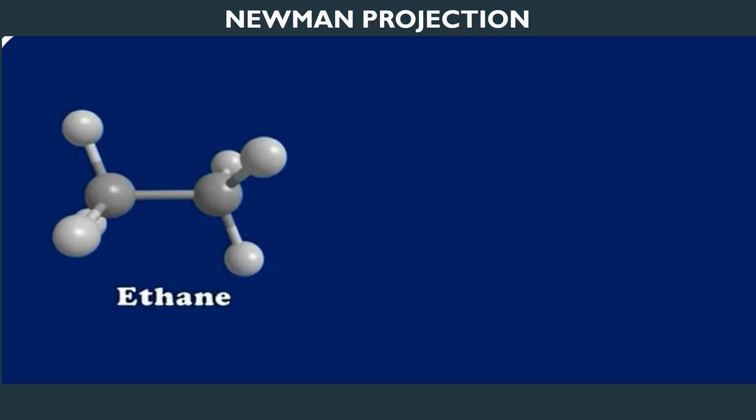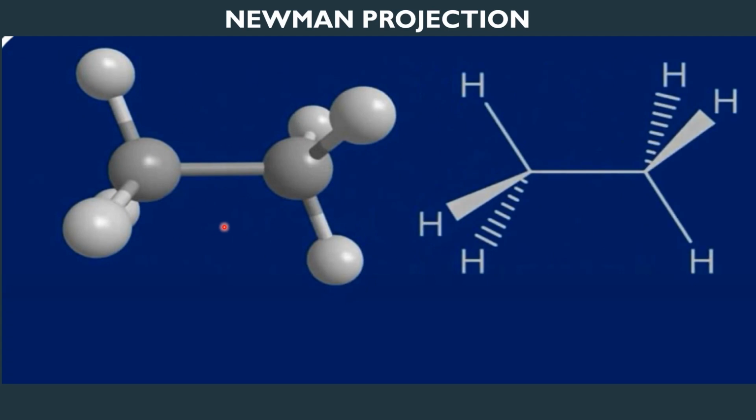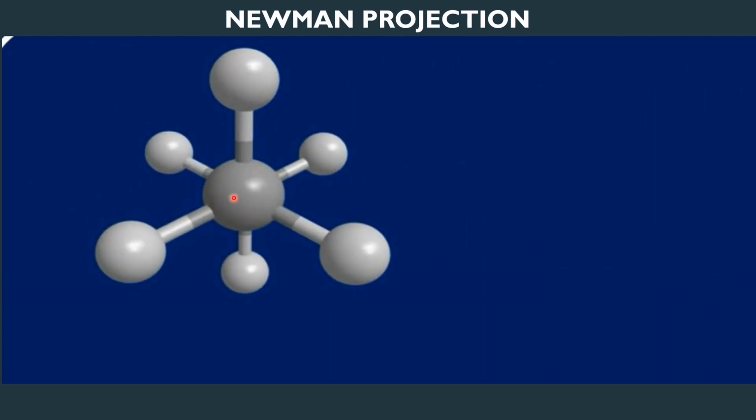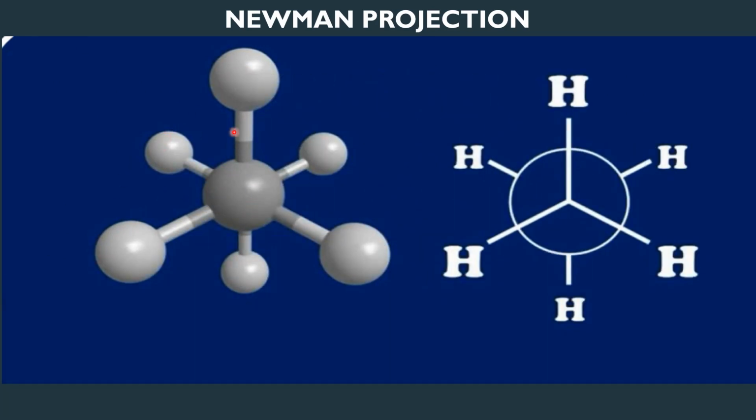Now we shall see how the Newman projection of ethane can be drawn. This is the three-dimensional structure of ethane, and if you just rotate the molecule, you can see the Newman projection. The front carbon is hiding the back. These are the three bonds in the front. These are at the back, and they are represented like this.